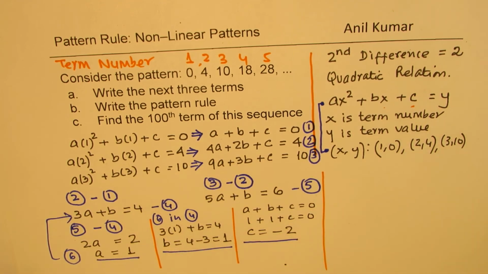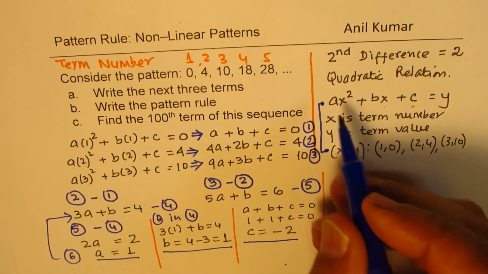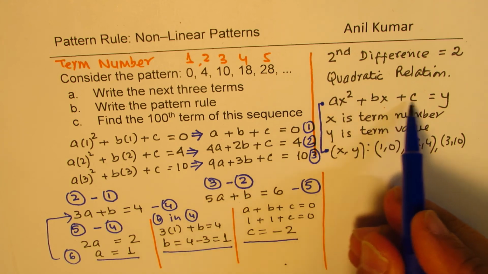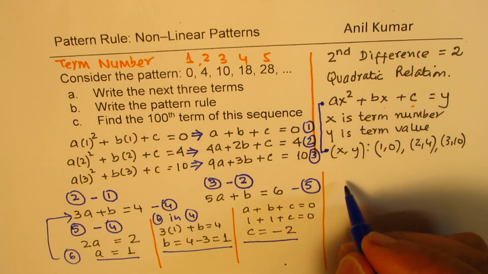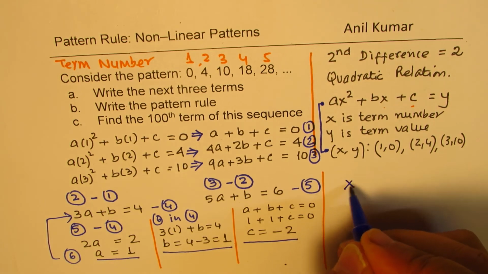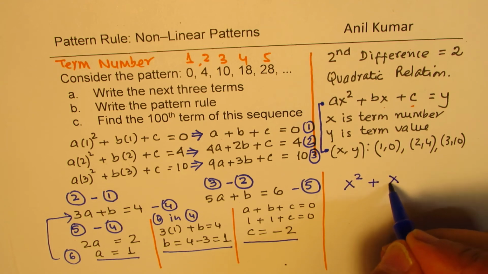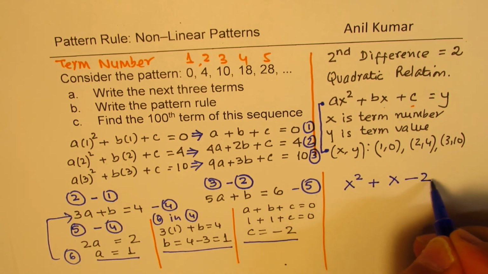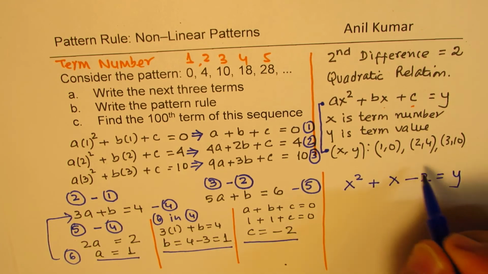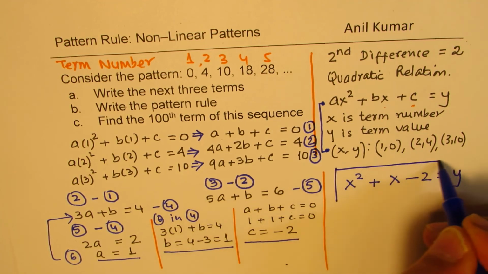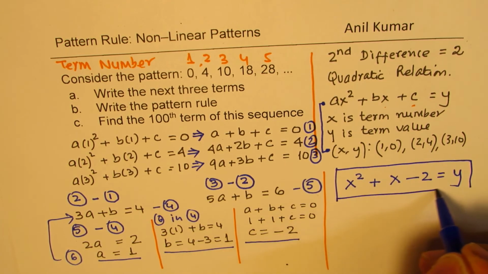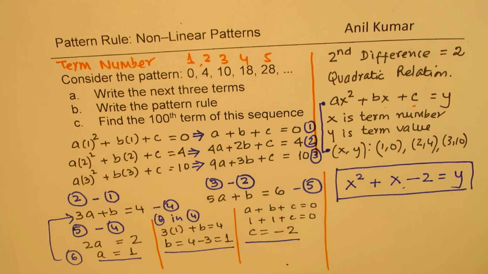So that means we know our equation. So finally, substituting the values of A, B and C, we can write this as x squared plus x minus 2 equals the value of the term. So that becomes the equation which we are looking for, which defines the given sequence.